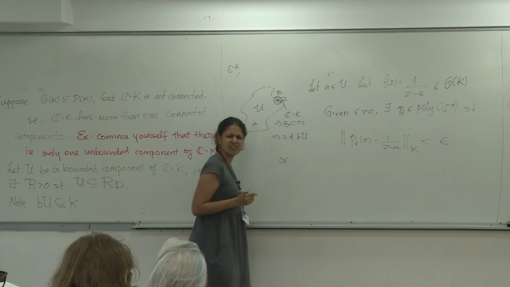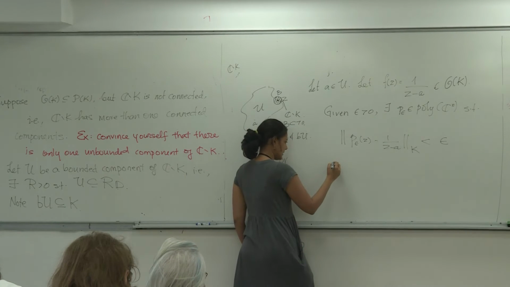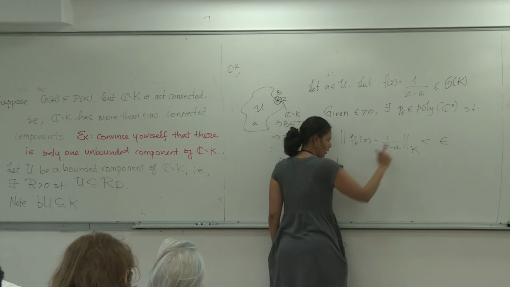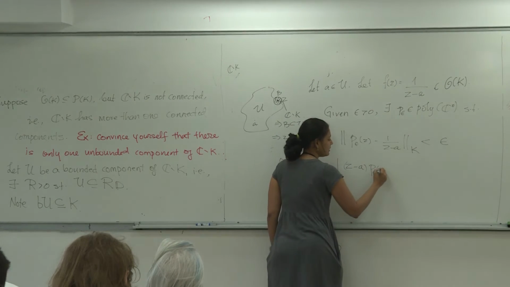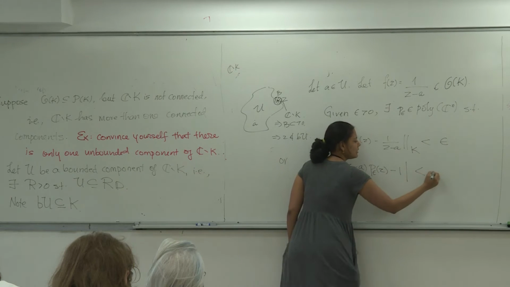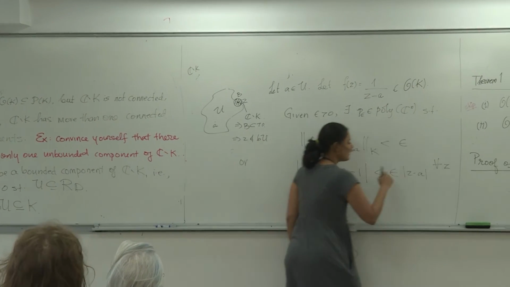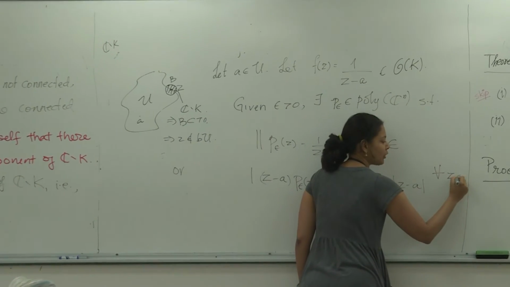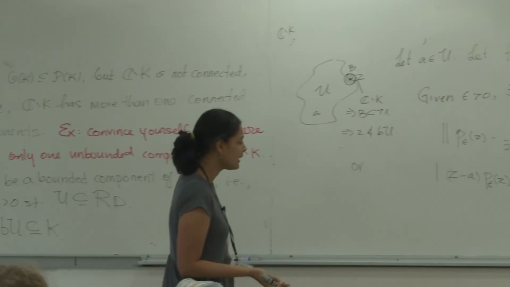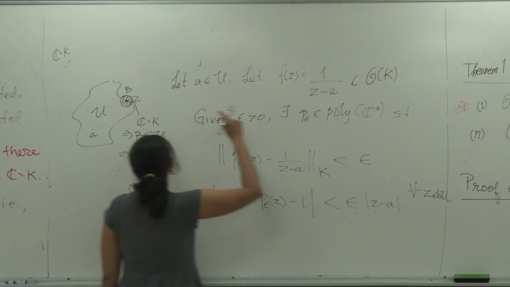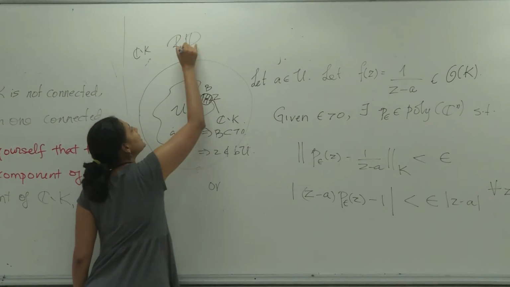Or let me rewrite this. This is also the same thing as saying, this implies the following. So I'm going to multiply all sides by Z minus A. So this is true for all Z in K. In particular, this is true for all Z in the boundary of U because the boundary of U lies inside K. And moreover, remember that capital U was in this large disk over here.